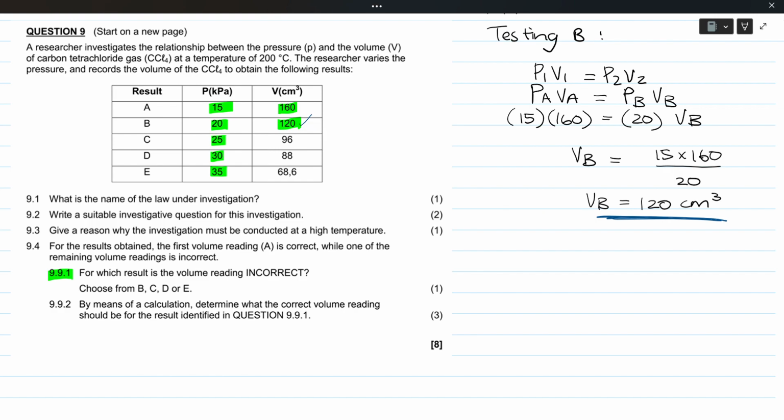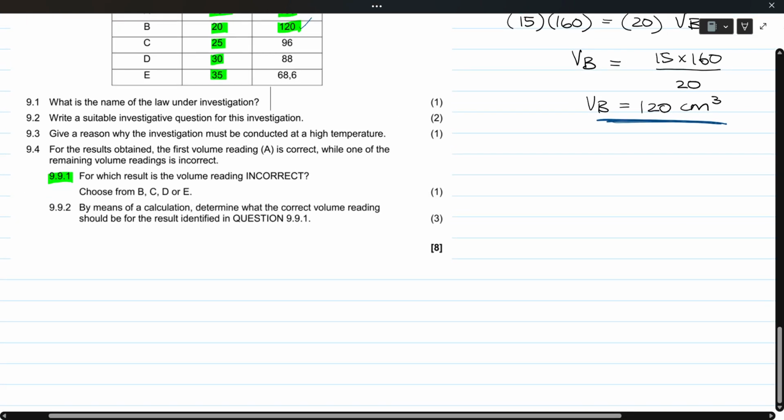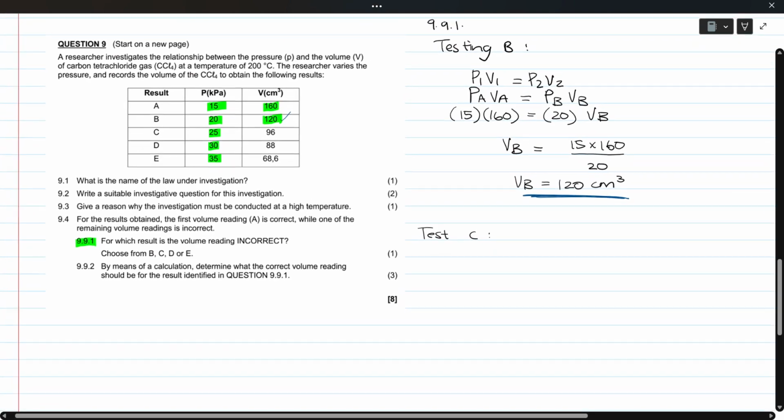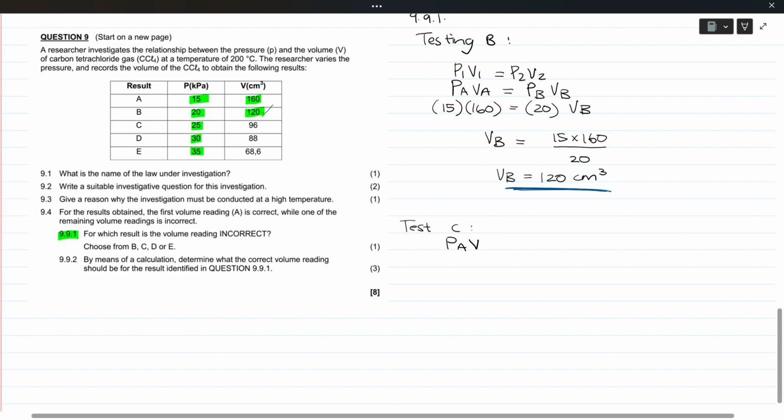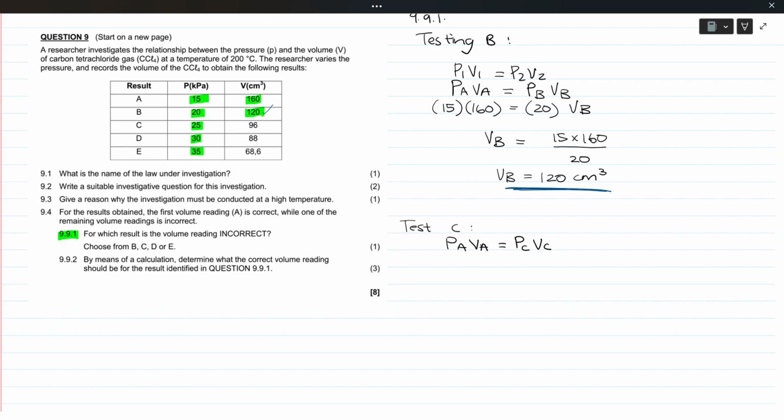So we're going to go ahead and test reading C. Okay, I'll do all the steps. So we've got the pressure from A, the volume from A, and we've got the pressure from C, the volume from C. Pressure for A is 15, volume is 160 from the table.